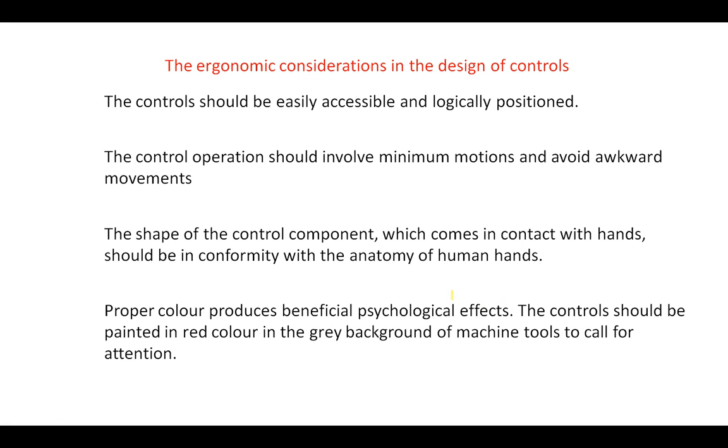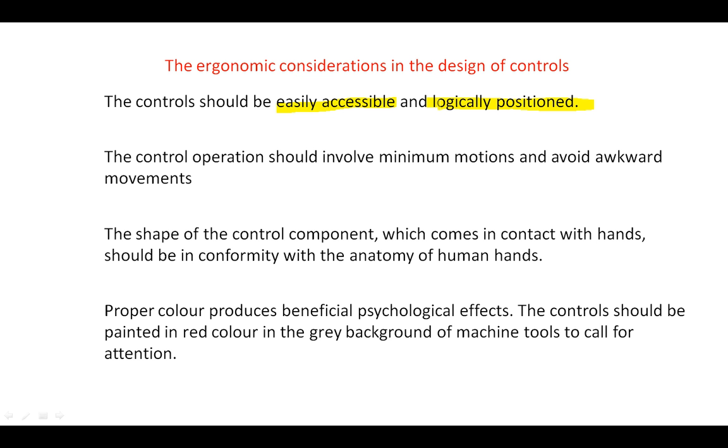Now we will see the design of controls, different controls. So what should be considered while designing a control? First one is control should be easily accessible and logically positioned. This is a very common thing and you can very easily appreciate it, because if a control needs to be operated by hand, then it should be placed at a position where the user can reach it by his hands.